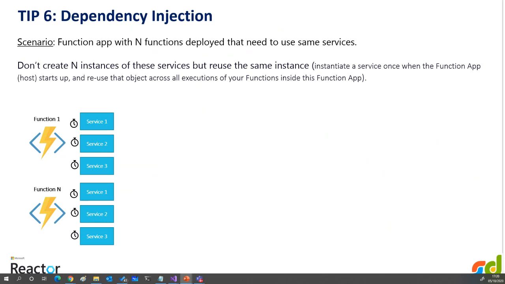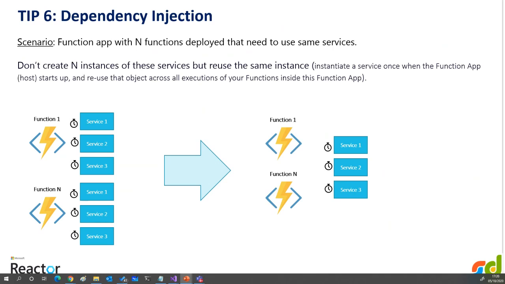Function 2 does the same, function 3 does the same. So you have a large amount of work to do for each function that you call, instantiating the same services. It's much better to instantiate the services once, and then for each function use the previously instantiated service. This is a scenario available in Azure Functions if you are using what is called dependency injection.